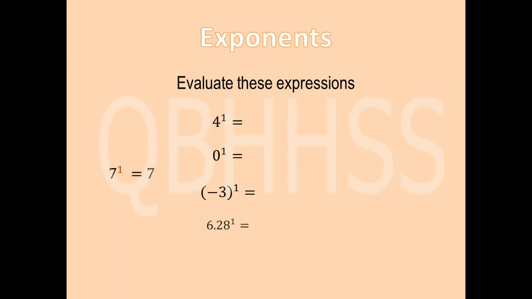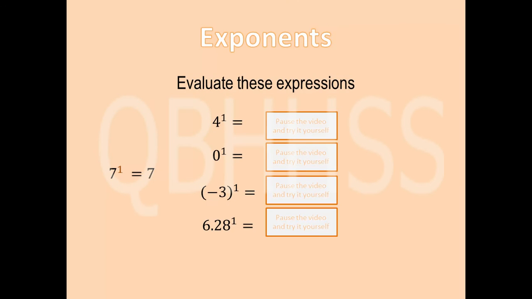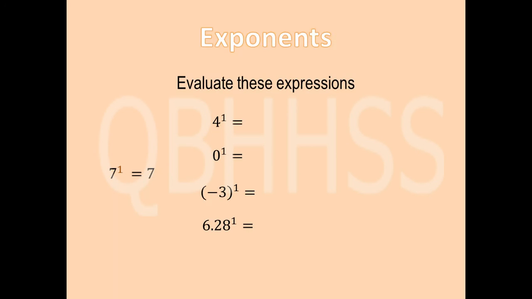Let's take this example over here and try evaluating these expressions yourself. Since raising to the first power never changes the number, here are the answers. Okay, let's summarize what you have discovered so far.